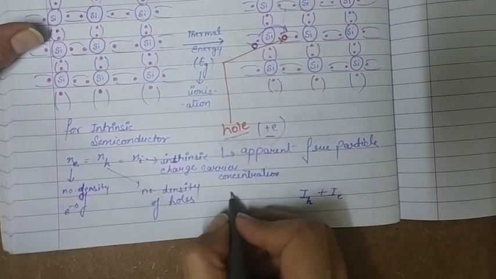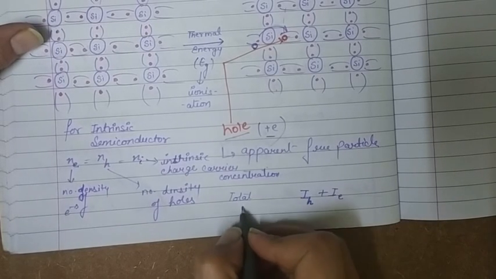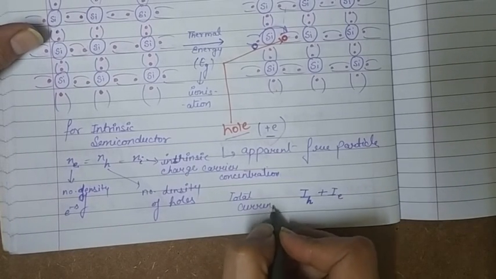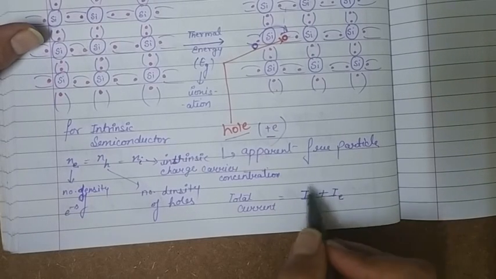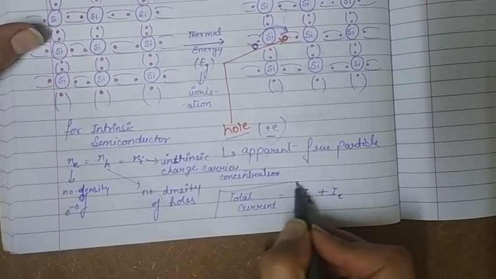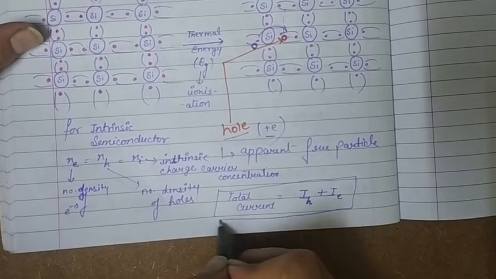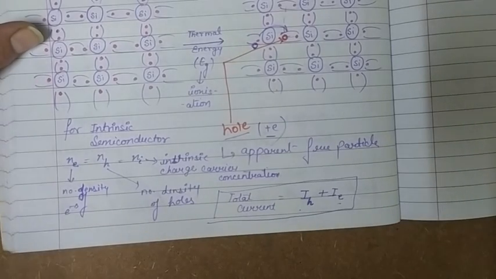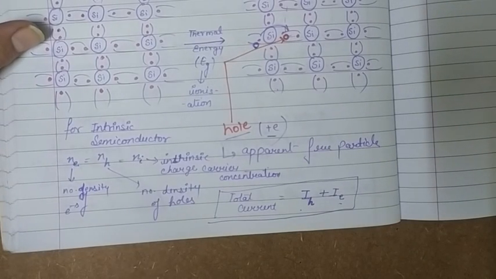So the total current in such intrinsic semiconductors is the sum of both the currents. That means total current is equal to the sum of hole current and electron current, that is IE plus IH.